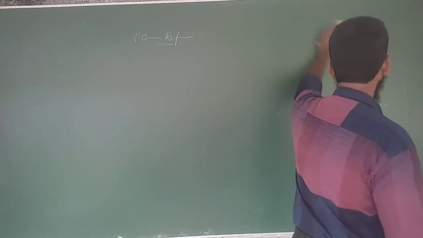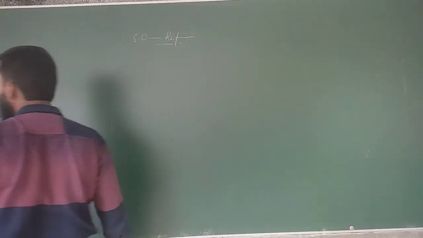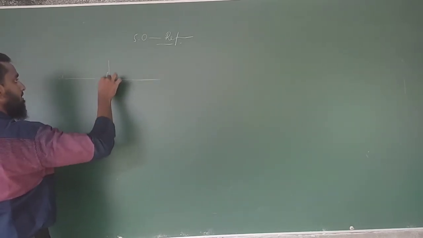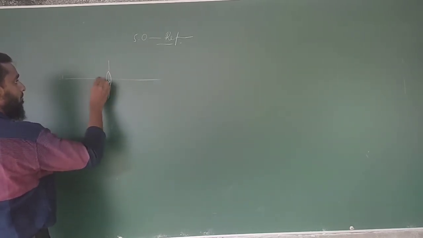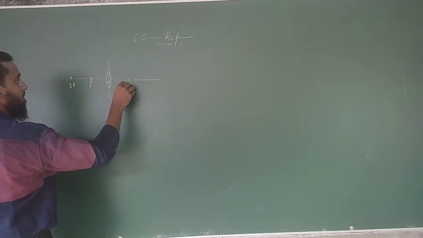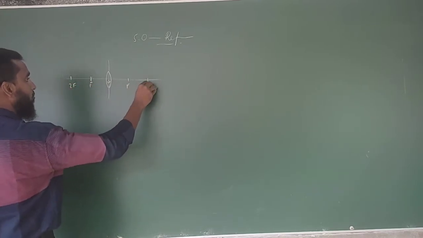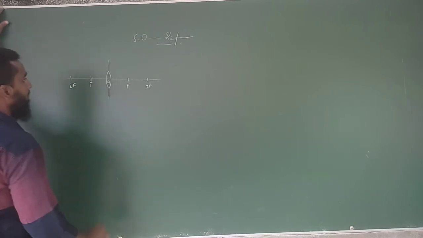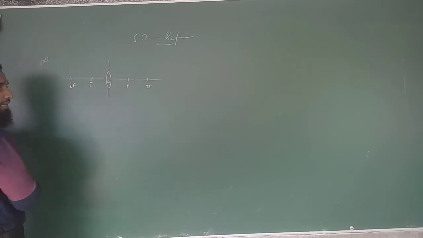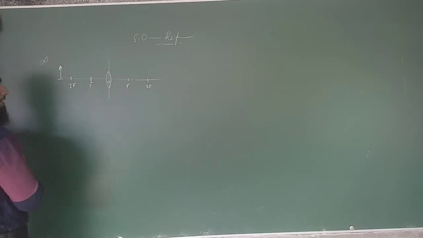Before I go to the first ray diagram, I'll show you where the object is going to be placed. This is the lens, the optical center; this is the focus f and this is the second focus, 2f. The first place we are going to consider is when the object is at infinity. The second place, object is beyond 2f.